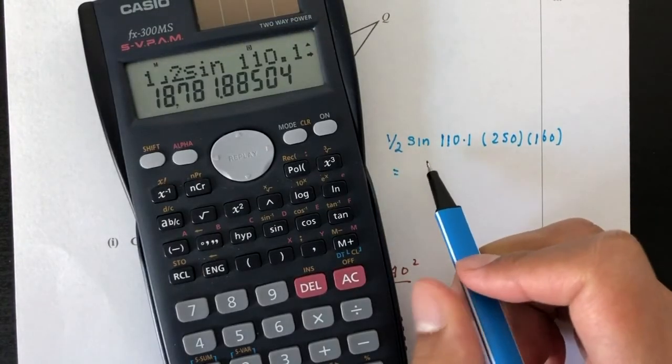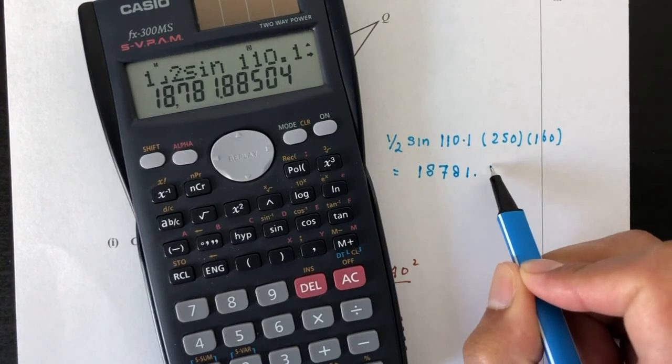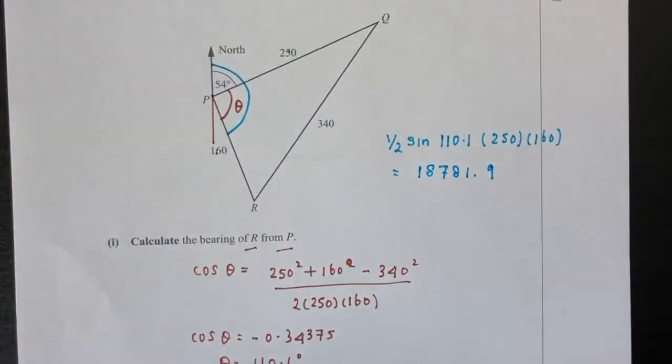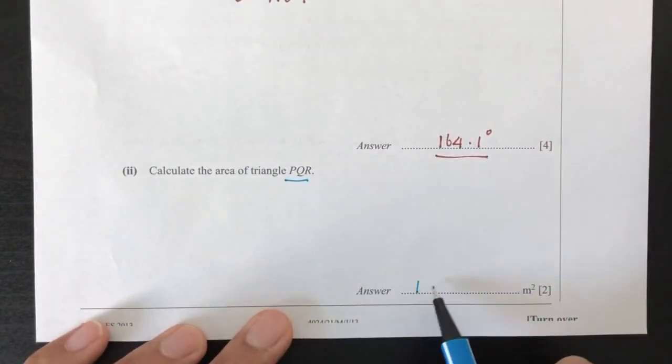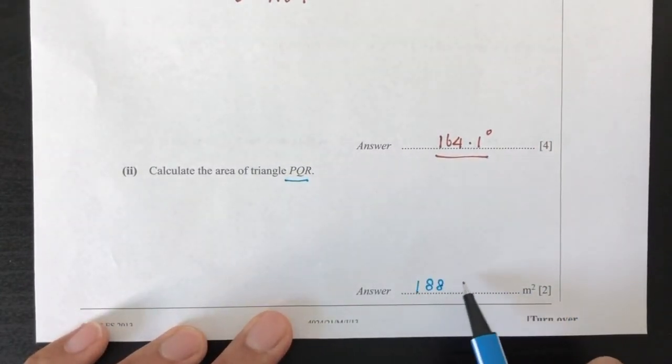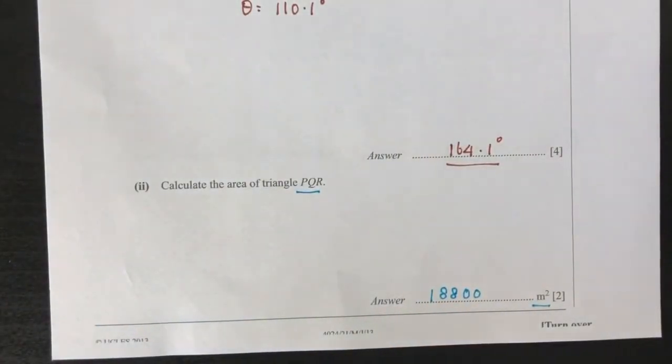Should be about 18781.9. So let's write this down correct to 3SF. That should be about 18800 meters squared. Okay, that will be your answer for part 2. And that is your question number 11.